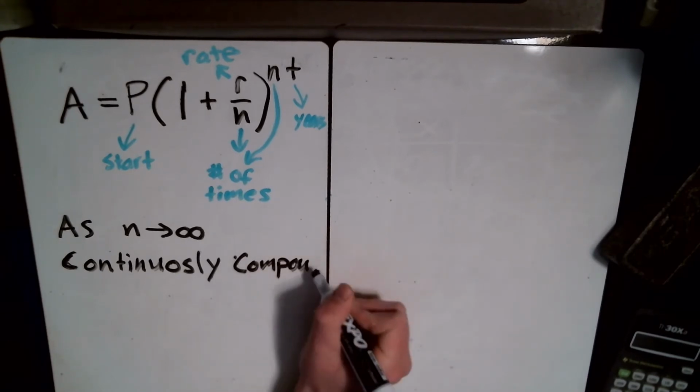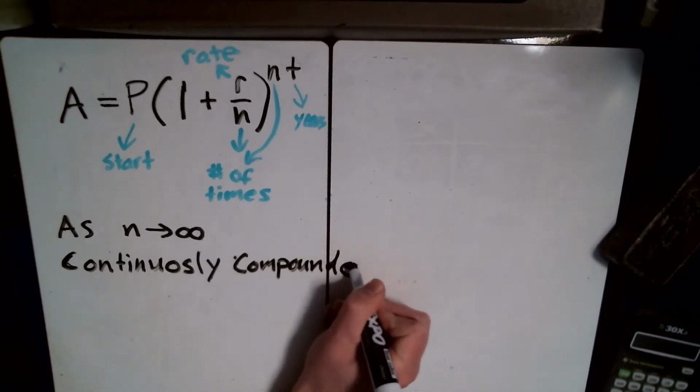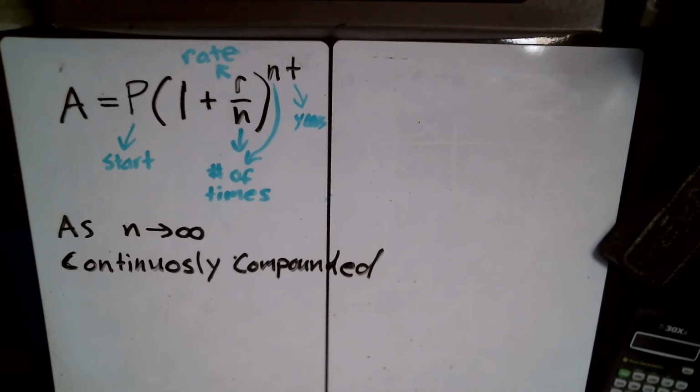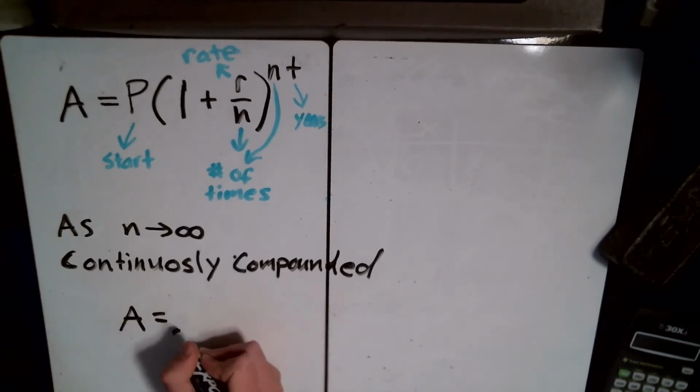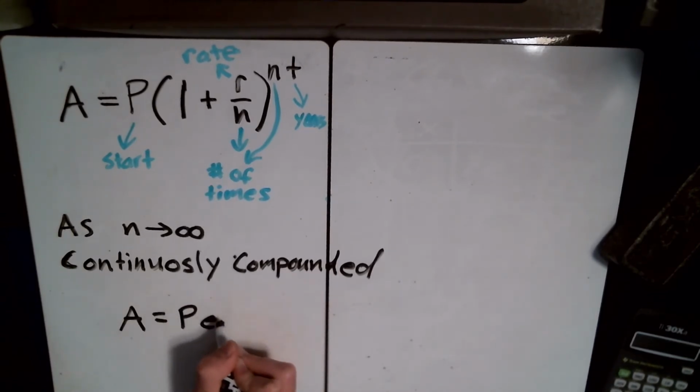Continuously compounded interest. The formula becomes A equals P e to the rt. So it transforms into this modified form.